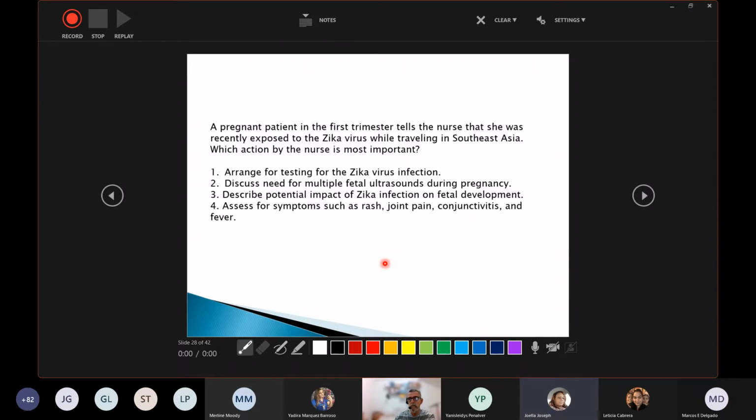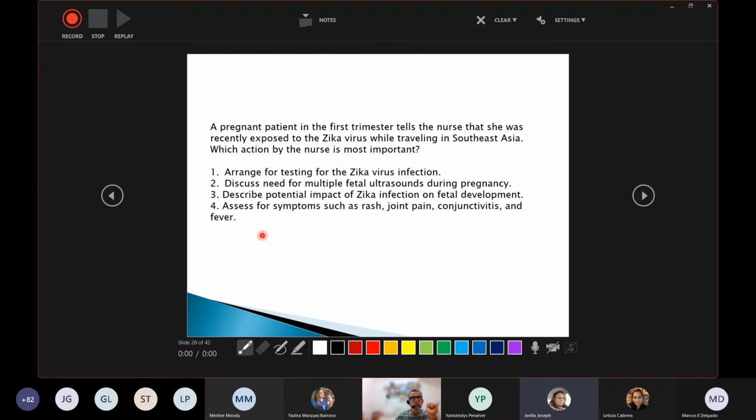Yes or not? Yes. Number 1, yes. So obviously the psychological stuff and the teaching is not the most important, and the ultrasound is not the most important. The most important here, being the first trimester, is to know if the woman has been infected or not with the Zika virus.